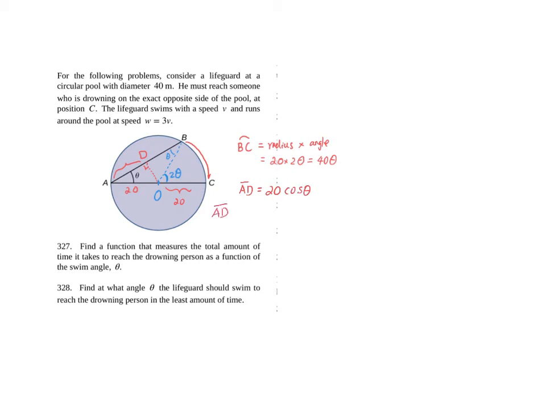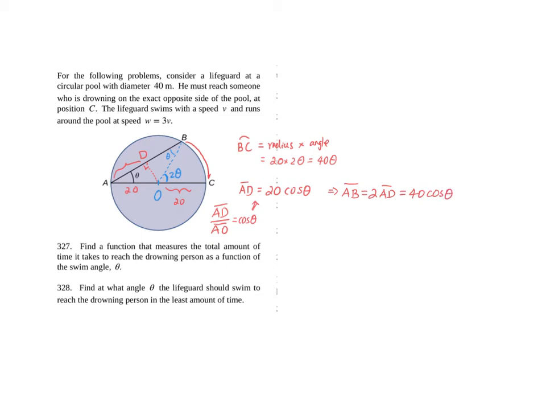AD adjacent over the hypotenuse, which is AO, should be equal to cosine theta, and therefore AD is cosine theta times AO, and AO is the radius, which is 20. So that's how you get to this relationship. Now the length of AB is twice AD, which therefore is equal to 40 cosine theta.